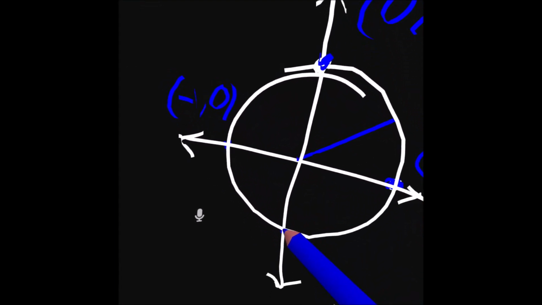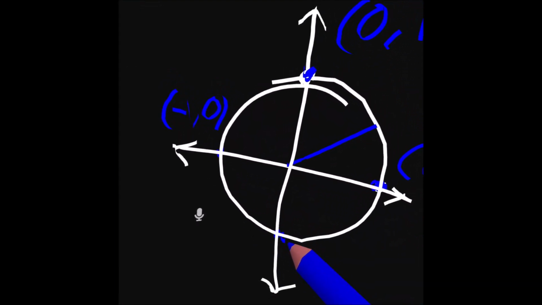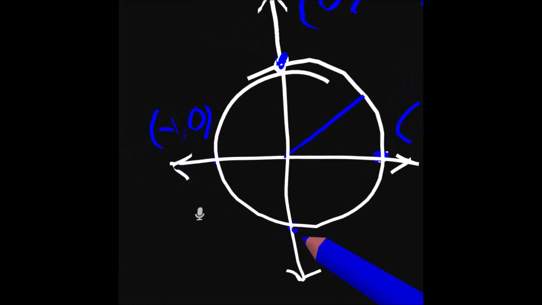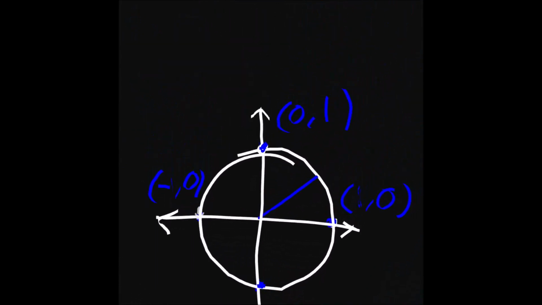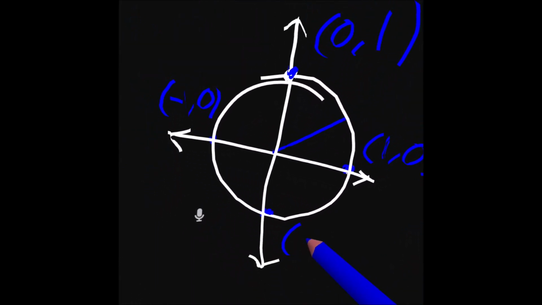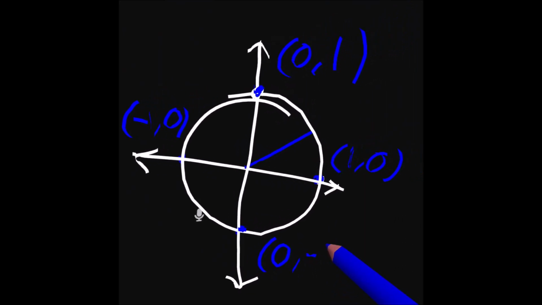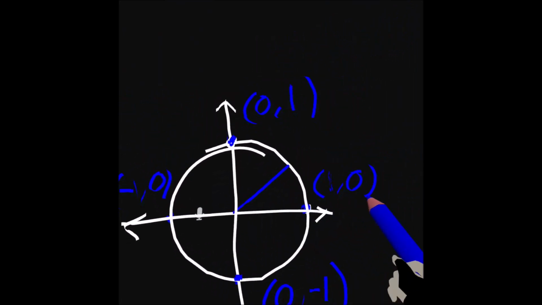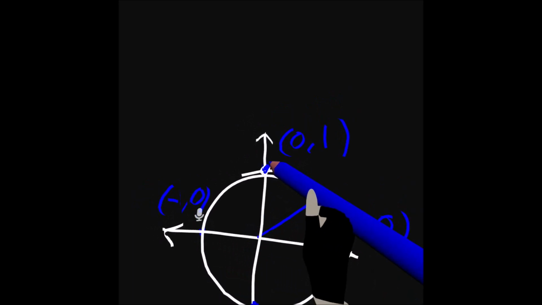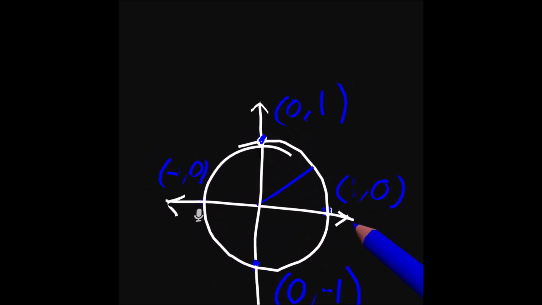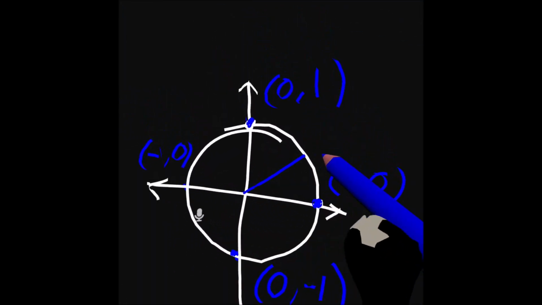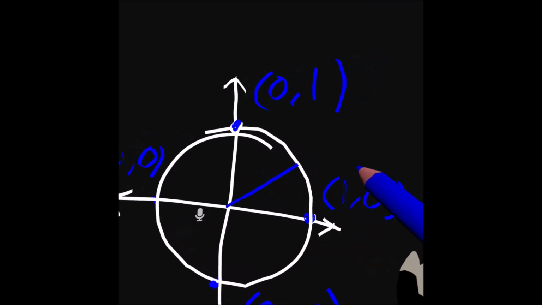And that point right there is (0, -1). Right. Like in an XY plane, this would be (0, 1), this would be (0, -1). So again, the radius is 1.